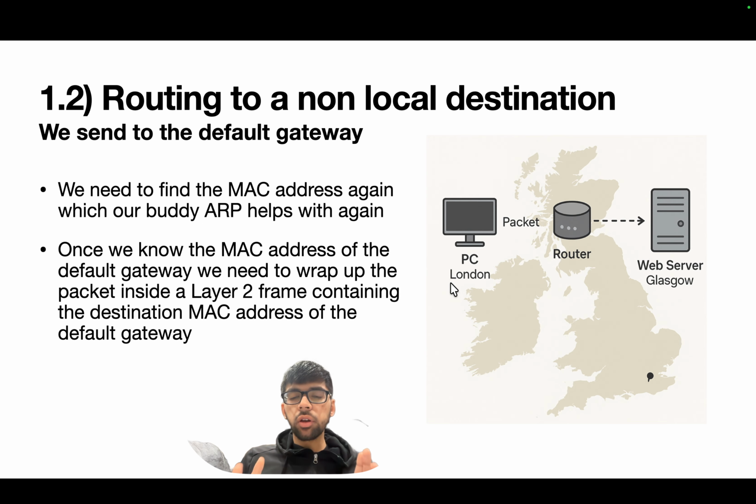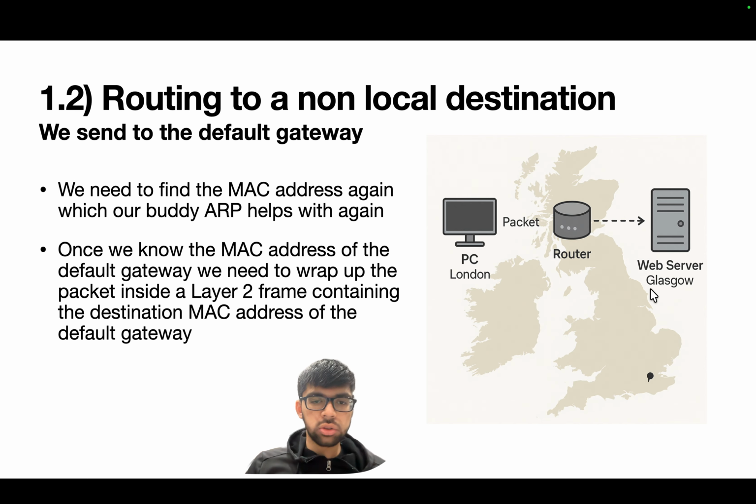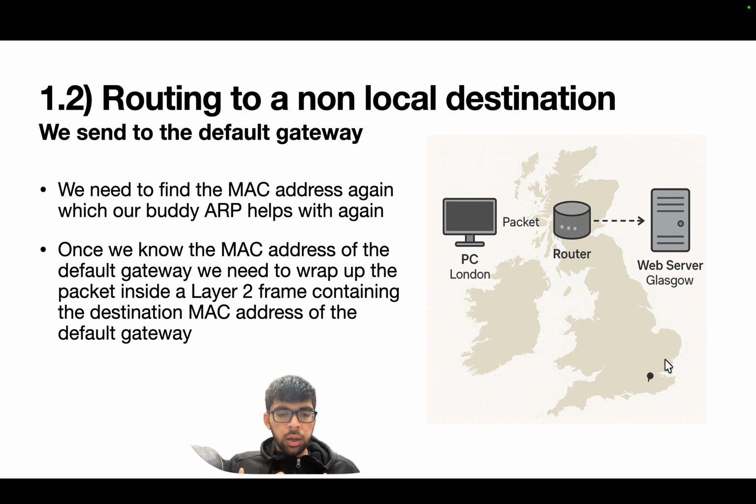Now, if we are routing non-locally, then we need the default gateway. For example, we've got this PC here, and it wants to communicate with a web server in Glasgow, Scotland. In this case, we are communicating with a host that is in a different subnet. The issue here isn't necessarily geographic.